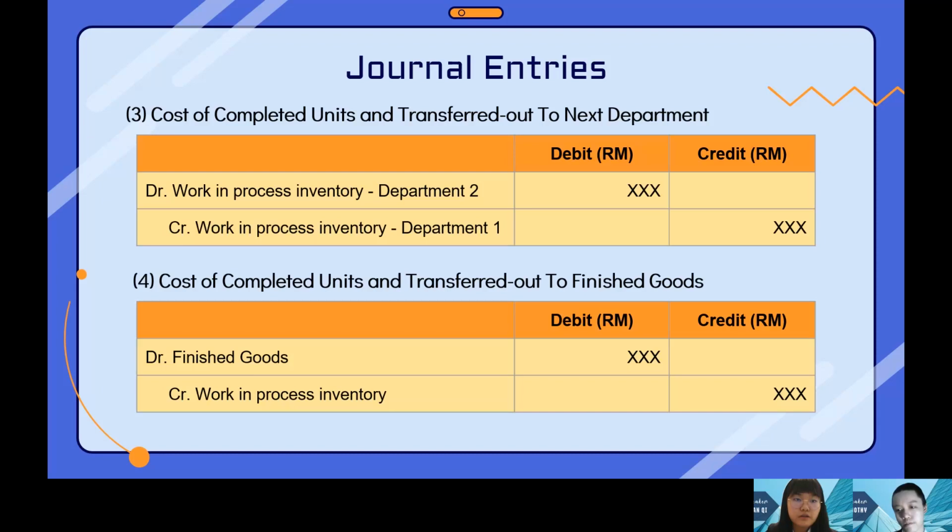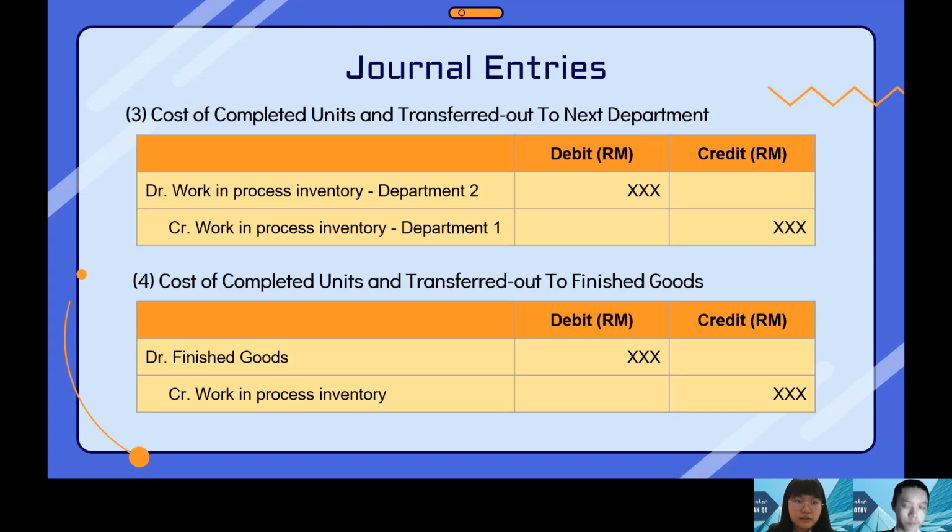Thirdly, cost of completed unit transferred out to the next department. Debit work in process inventory in department 2 and credit work in process inventory in department 1, which is this transfer-in cost. And last, cost of completed unit transferred out to finished goods. Debit finished goods, credit work in process inventory in the current department.